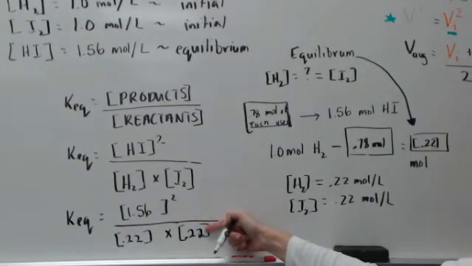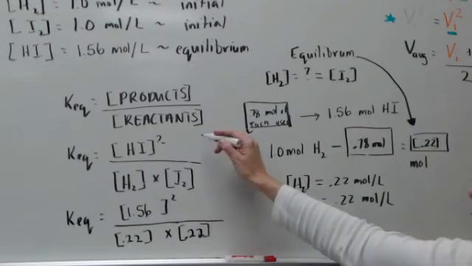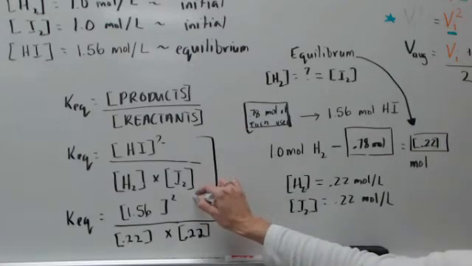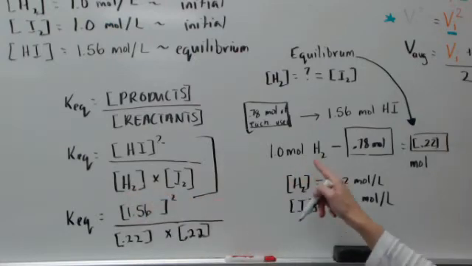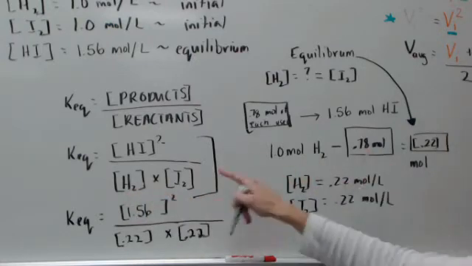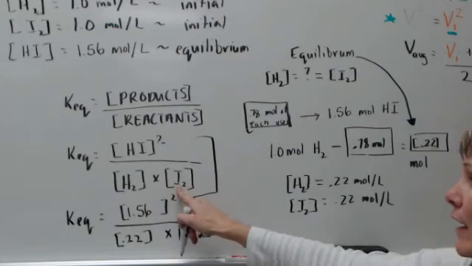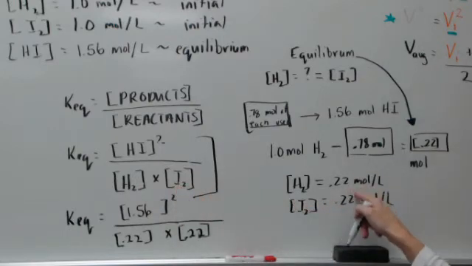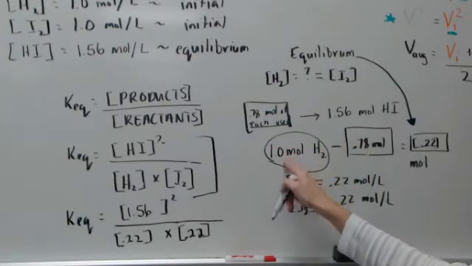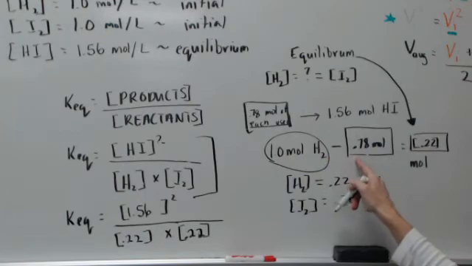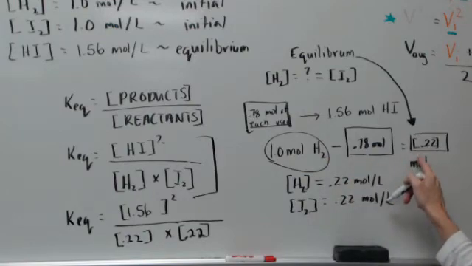The important thing to remember is this is what exists at equilibrium. It's not how much hydrogen I used, it's how much hydrogen and iodine I have remaining at equilibrium. So I had to take the amount that I started with and subtract the amount that I used to find out the concentration of both hydrogen and iodine that I have remaining.